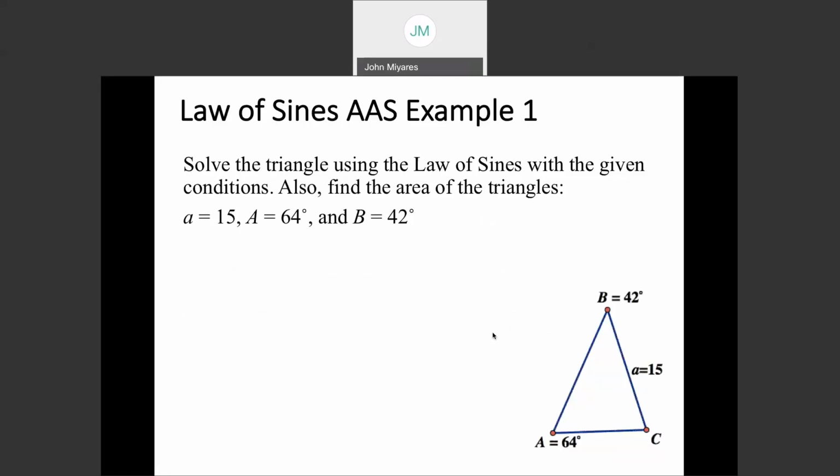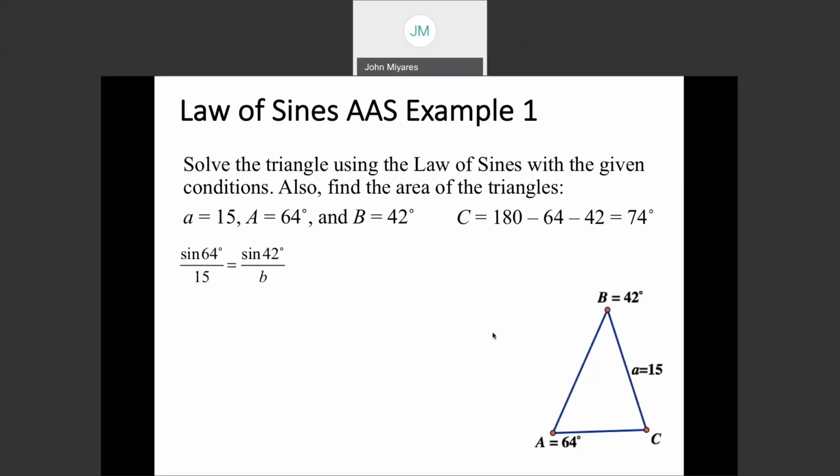Here's a picture of that triangle so you can get an idea of what it is we're trying to look at. Side A is across from angle A, angle B is put at the top. If we wanted to compute angle C, then all we'd have to do is subtract 180 minus 64 minus 42 to get 74 degrees.